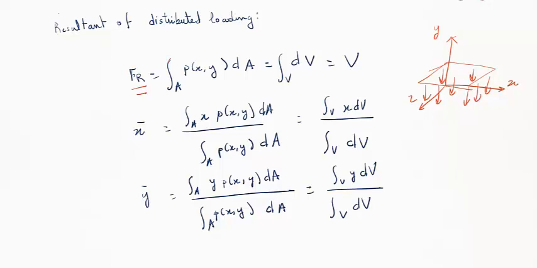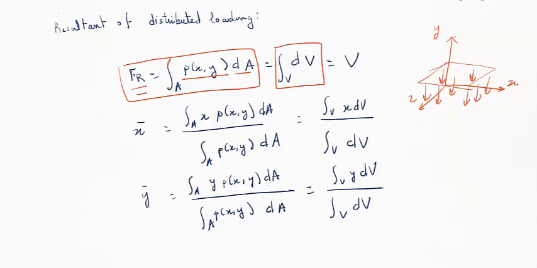So Fr is the integral over A of the distributed force dA. Now this is actually the same thing as the integral over volume of d volume. For 3D it's just going to be the volume, and for 2D it's just going to be the area. If it's 2D like this, it's just the area for this.